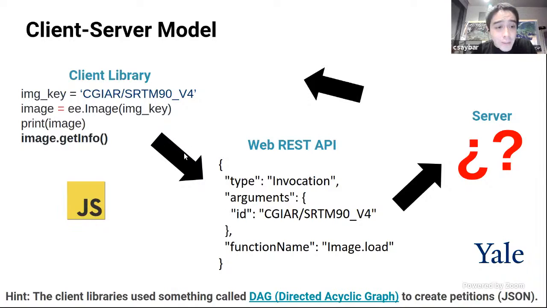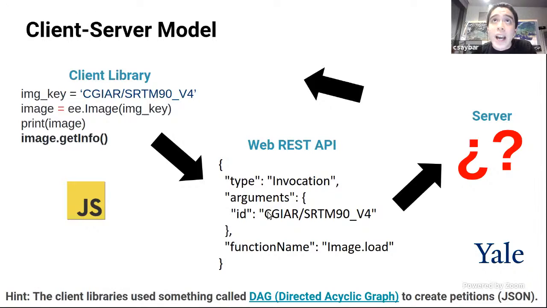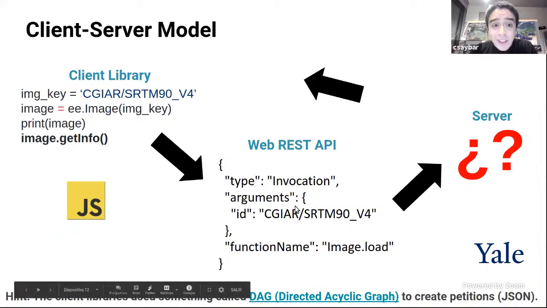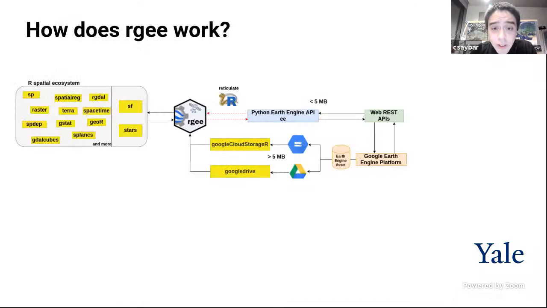If you are interested in creating an R client library, you will have to search for a way to transform the R code into a message like this. If you are interested in another language like Julia or MATLAB, you need to find a way to transform the MATLAB code or the Julia code into a JSON petition like this. That is the idea, and that is how rGEE currently works.